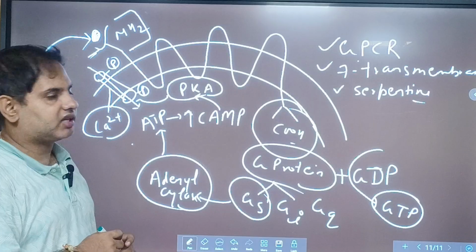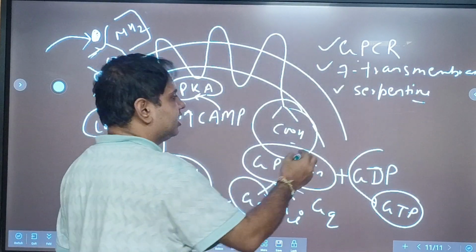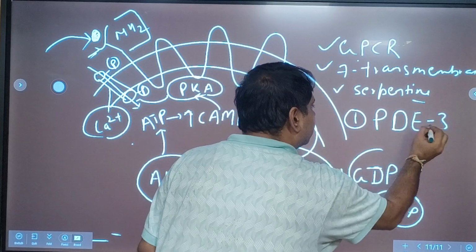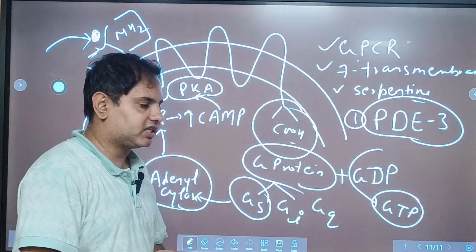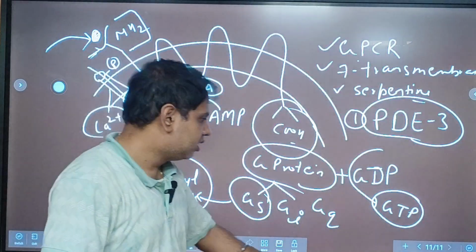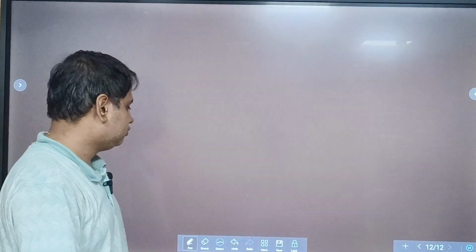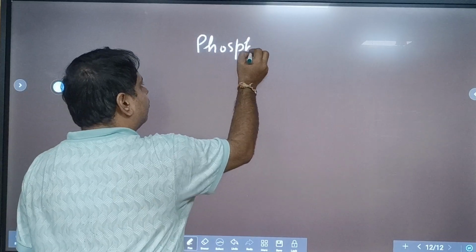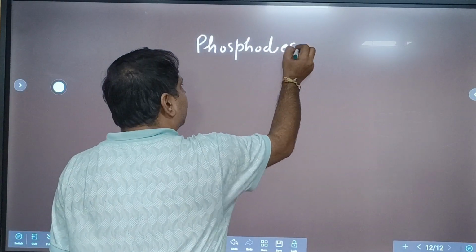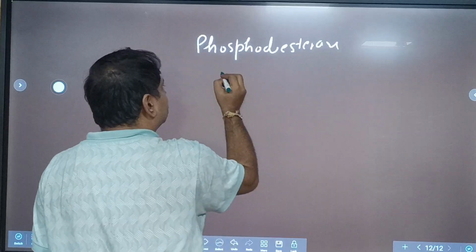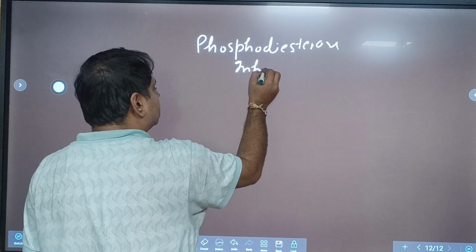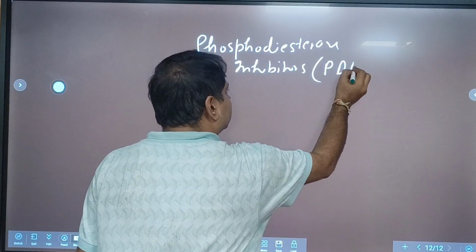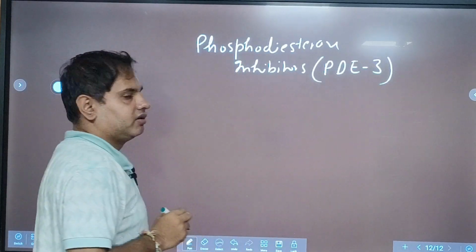Another drug under ionotropic agents is phosphodiesterase inhibitors, that we call PDE, particularly PDE3, the third one.